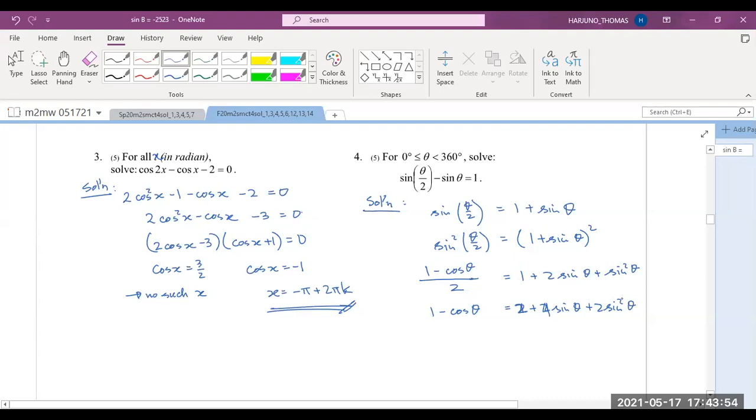I really don't like this. Even this way is not something I can do easily. Do you know why? Because I can change this to sine or cosine, but I cannot really play around with this. I still have cosine and I still have sine.